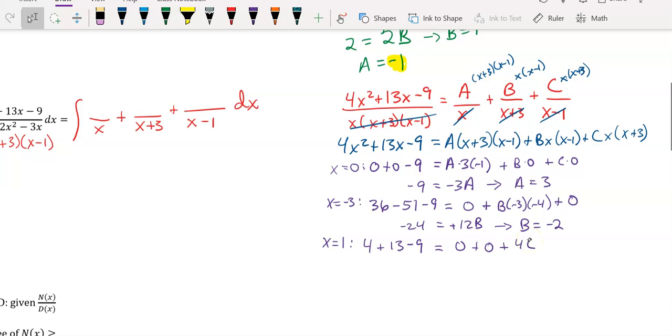So 4c here. So now we have 4 plus 4 is 8 is equal to 4c. So c equals 2.